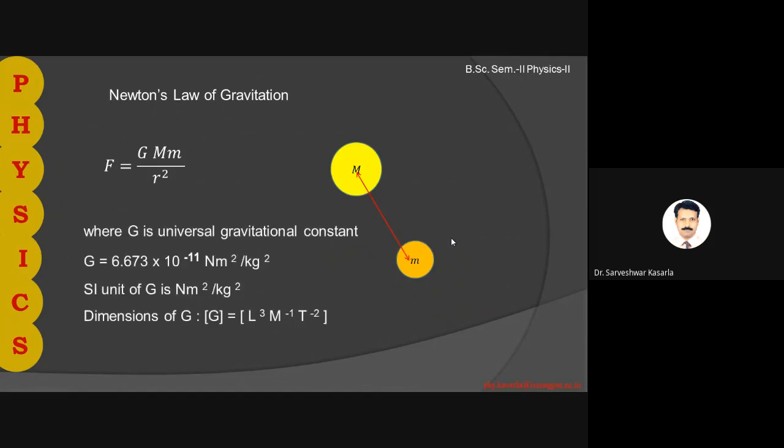Okay, so where G is the universal gravitational constant, whose value is equal to 6.673 into 10 to the power minus 11 Newton meter square per kg square. Its SI unit is Newton meter square per kg square, and the dimensions of the universal gravitational constant are L cube, M to the power minus 1 and T to the power minus 2.